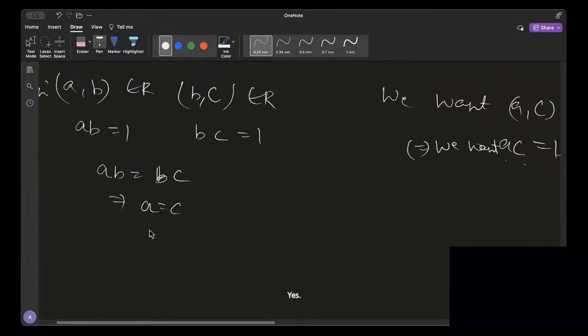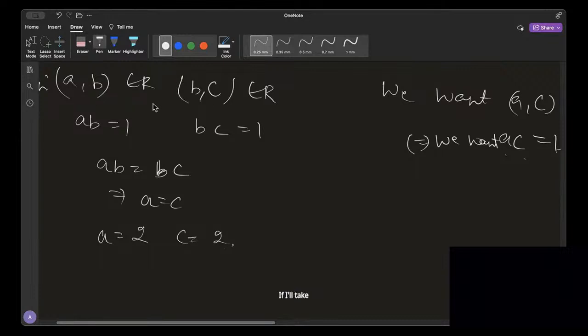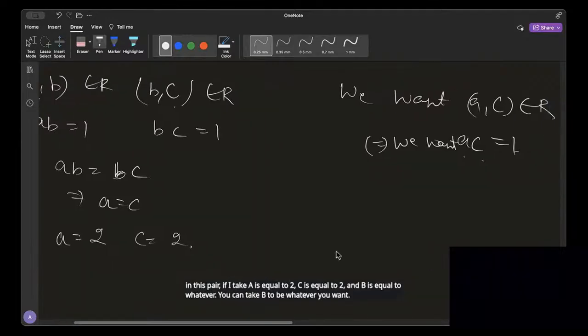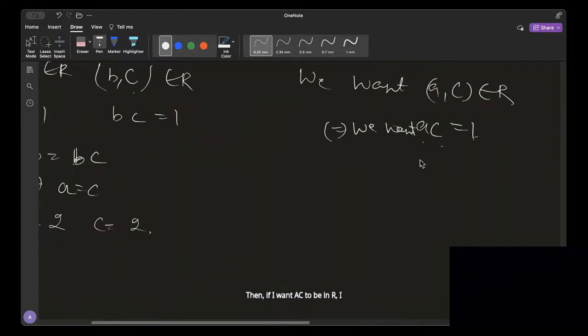Yes, ma'am. Let's take 2 and 2. Let A equal 2 and C equal 2, and B can be whatever you want. If I want AC to be in R, I want the product to be 1, but the product is 4.